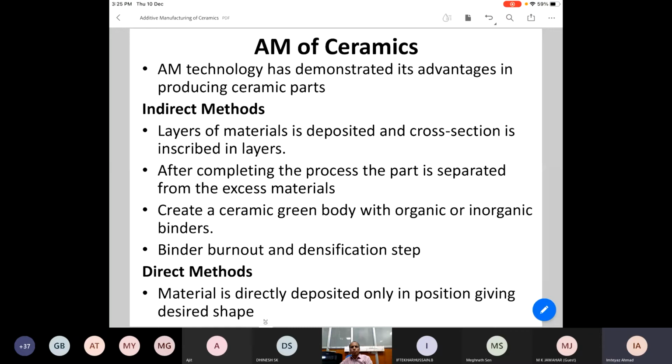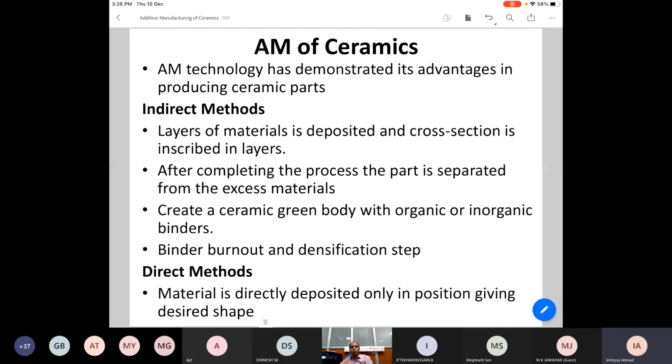The reason being ceramics cannot be formed. So what you do is you make a green body with a binder, control the shape, and then sinter it. The problem is, due to sintering and densification, your size will change. And another complexity comes when you have elements of different thicknesses and different cross-sectional areas.